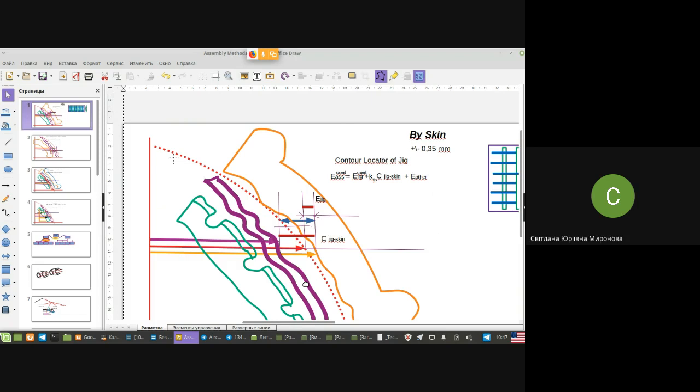But each time the same consideration: something that is physically touching the contour locator. In case of spar, it more probably comes about the caps. In case of beam, it comes about bottom and upper, maybe caps also. I still have not seen, but let's see. In case of rib, it comes about caps of rib.